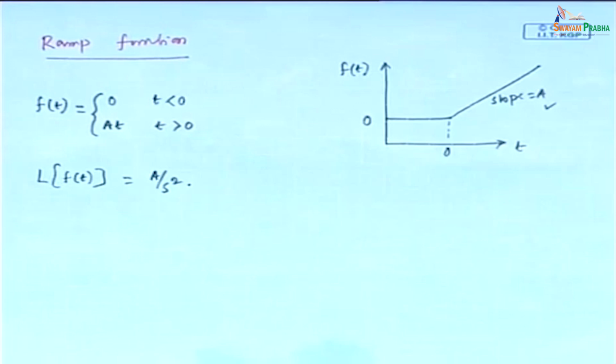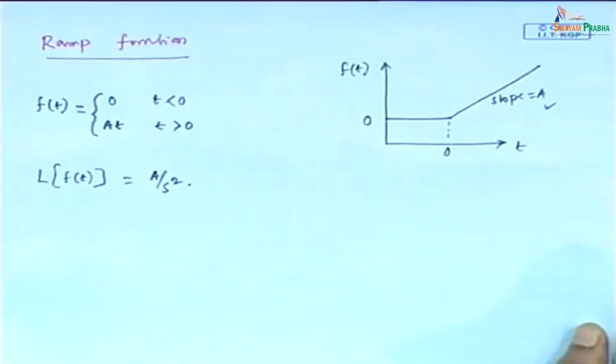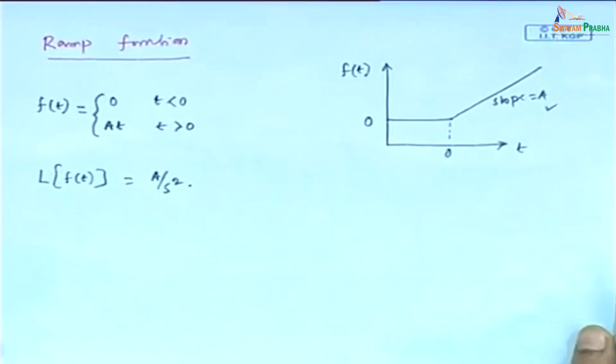So, what will be the example? Gradually open the steam valve, so that Q increases linearly. Fine. Gradually increase the steam valve, so that Q changes linearly, and the ramp ends when the valve is fully open.